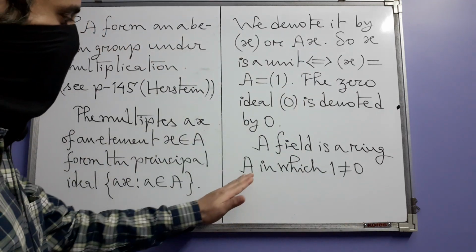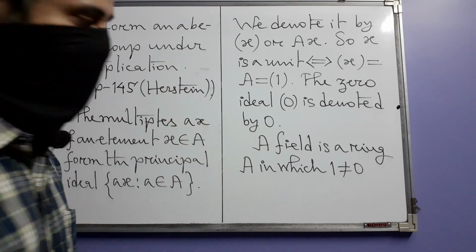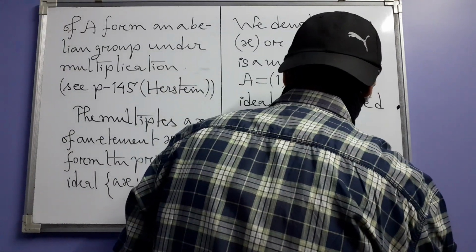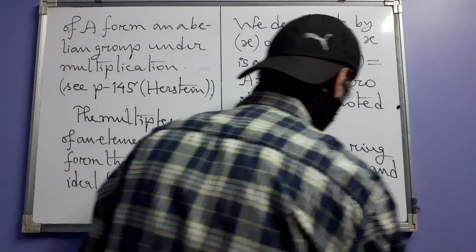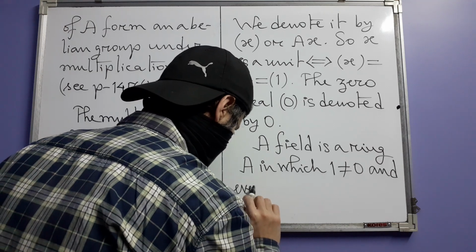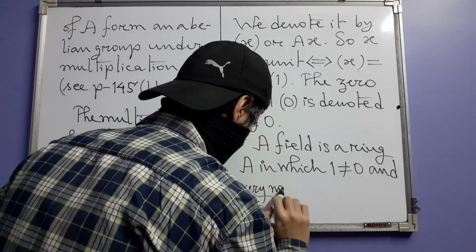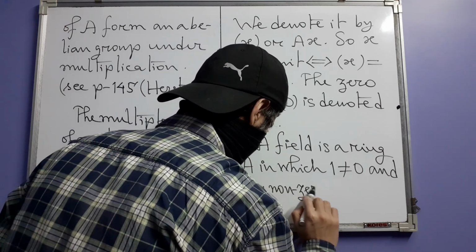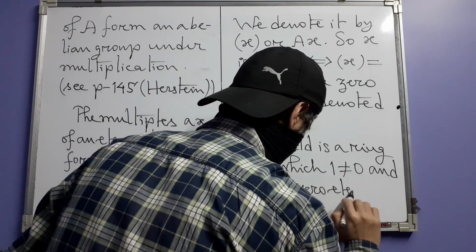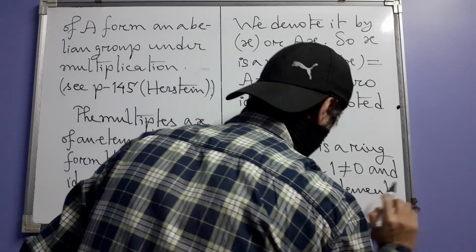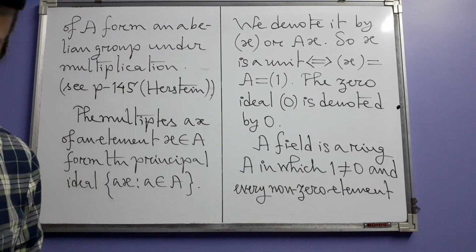In other words, A is a non-zero ring, and every non-zero element is a unit.